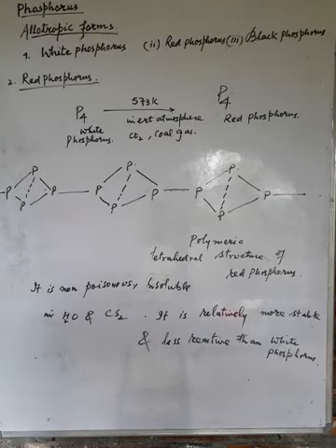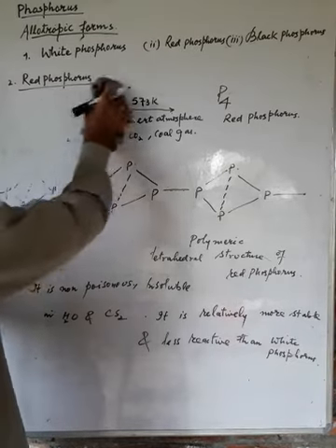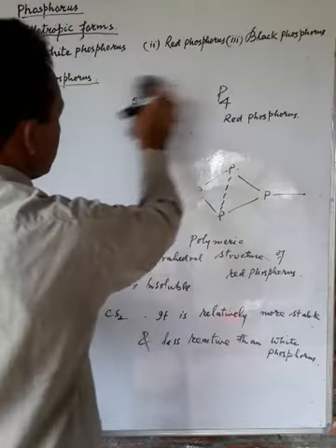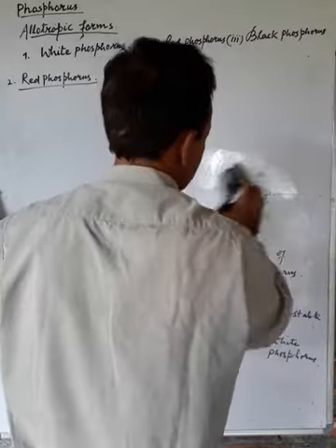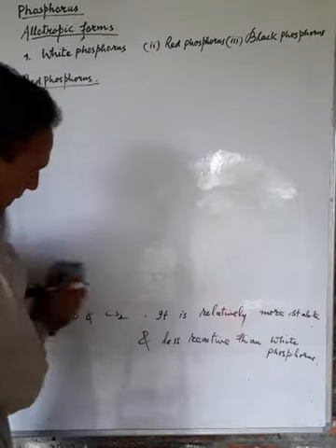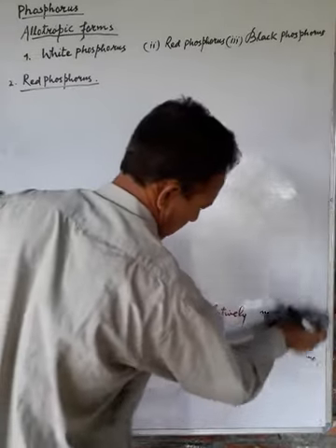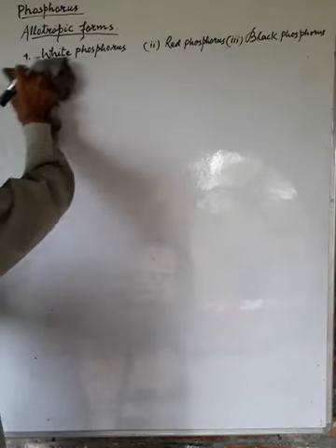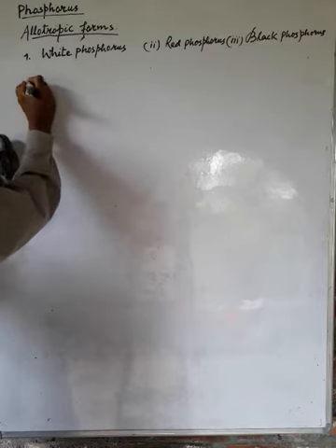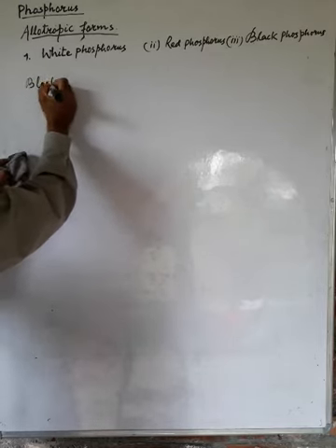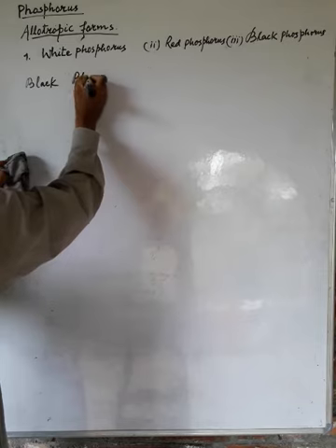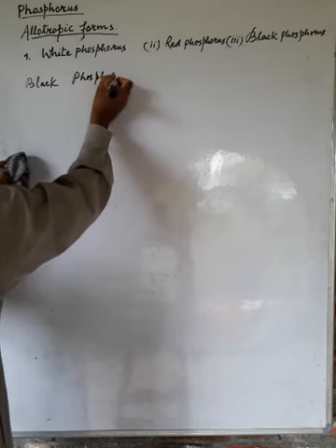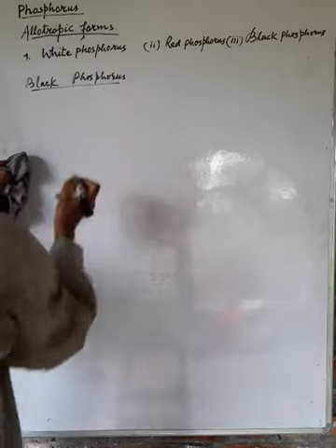Now we will take black phosphorus. Number three is black phosphorus. This black phosphorus exists in two forms.